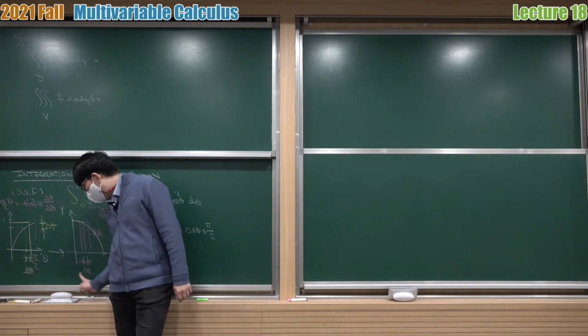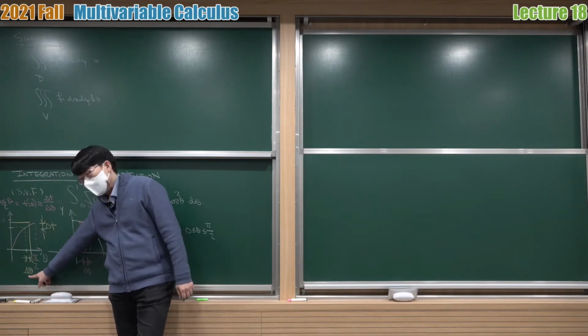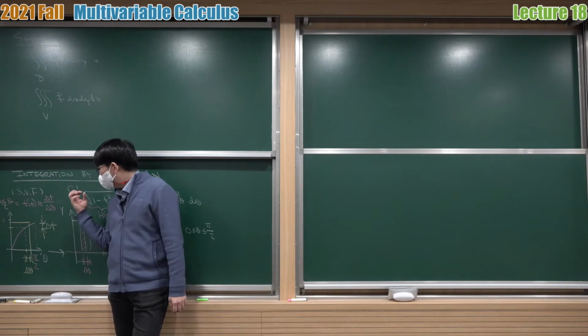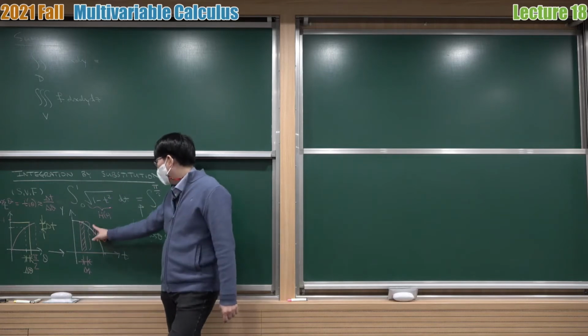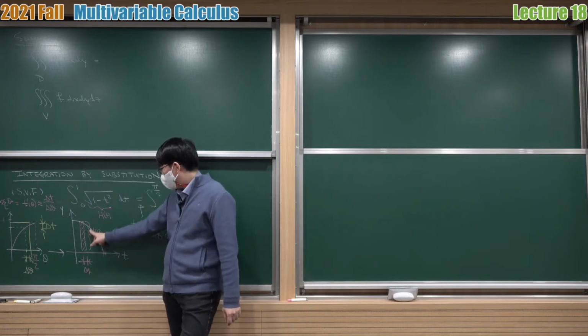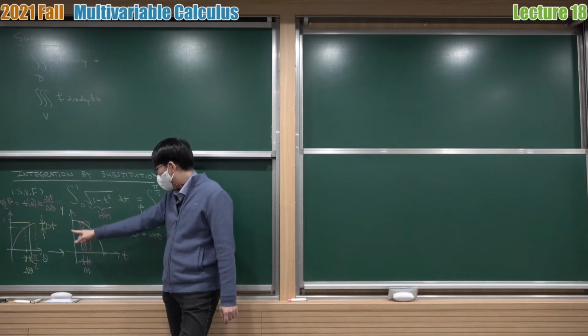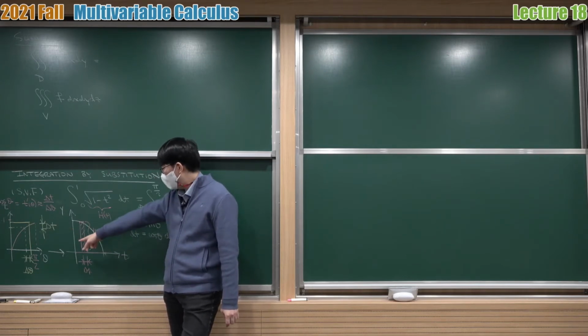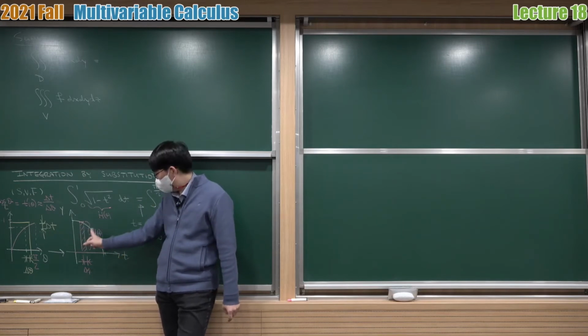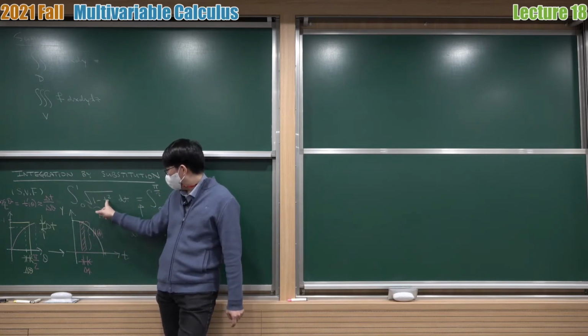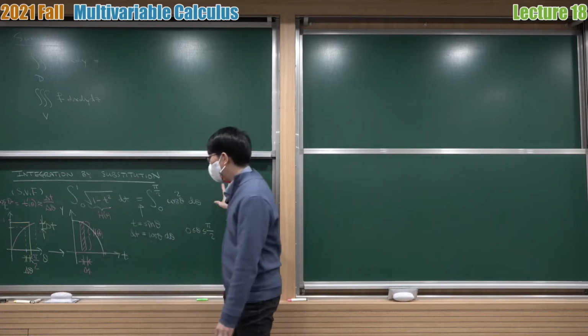I want to express delta t in terms of delta theta, so I have to correct that by the ratio between delta t and delta theta. And then, of course, the height was in terms of t, but now I have to change it in terms of theta. Then I have to replace my t in terms of theta. Then this whole thing also changes in terms of the function in terms of theta. So that's what's going on here, right?